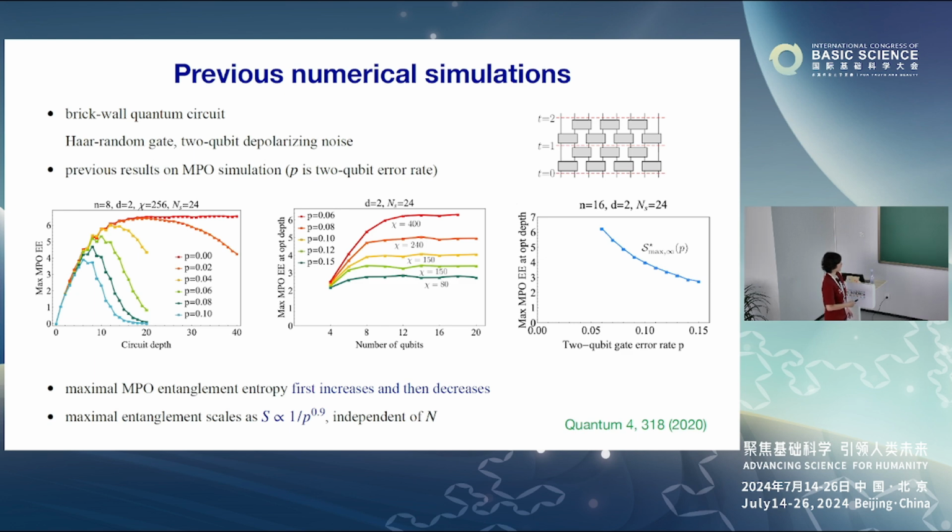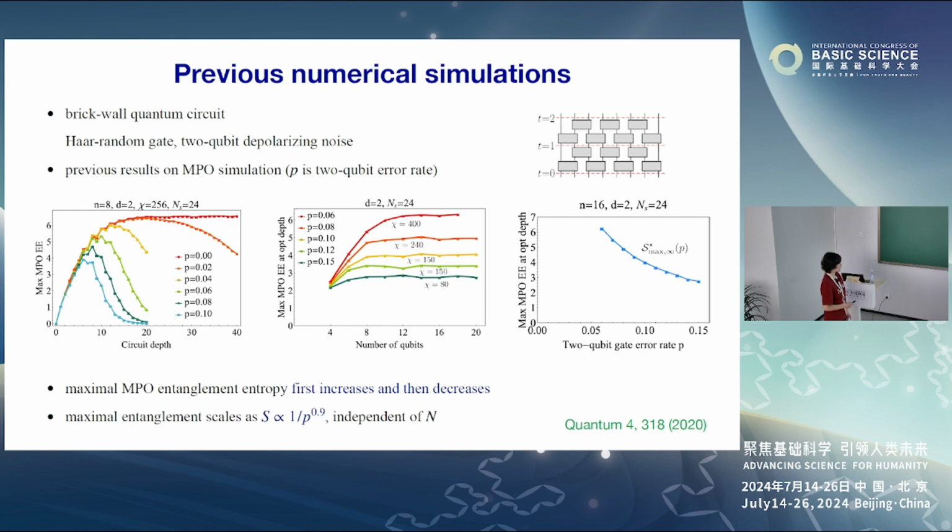This is because when we add this kind of gate, it will increase the total amount of entanglement. However, we still have noise in the quantum circuit, so the noise will destroy the entanglement. So finally, when the circuit depth is very, very large, all the entanglement will be destroyed. This means that we must have this increasing and decreasing behavior.